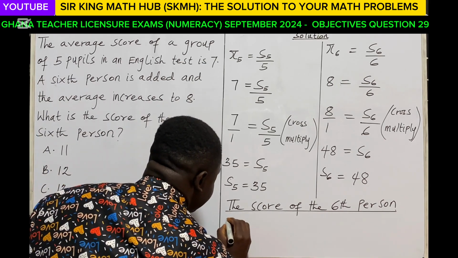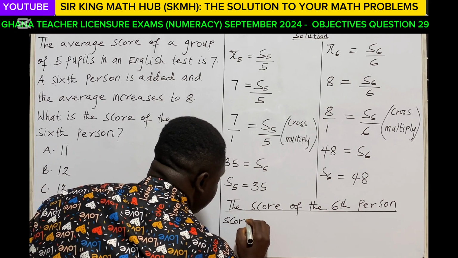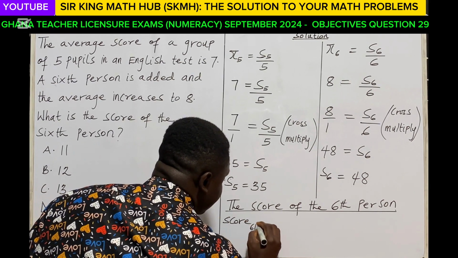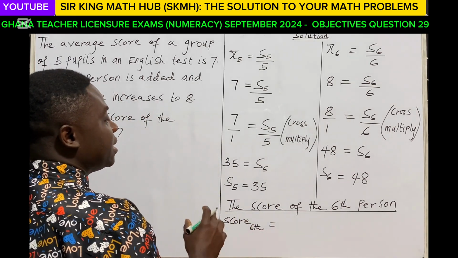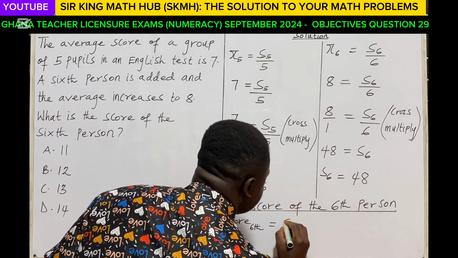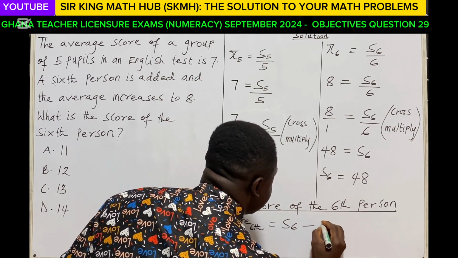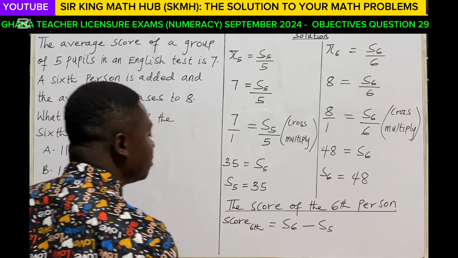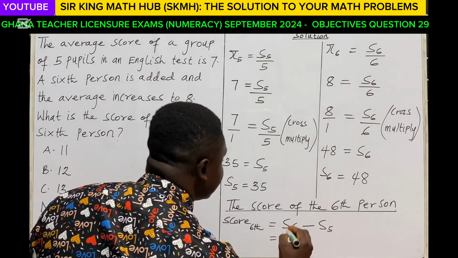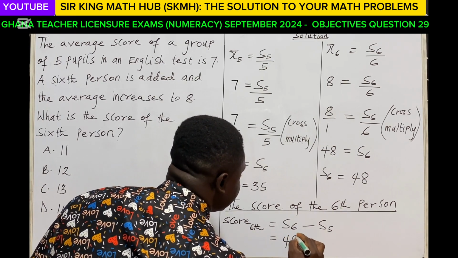So the score of the 6th person will be the difference between the sum of their scores. That is sum of 6 minus sum of 5. Remember, sum of 6, we had 48.